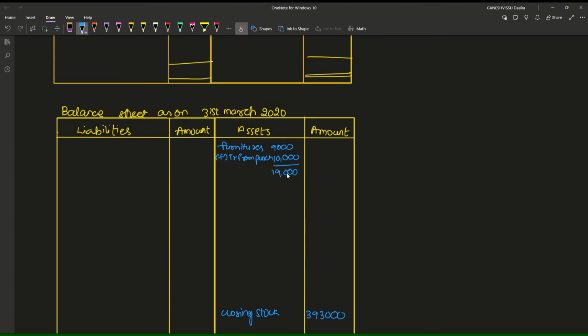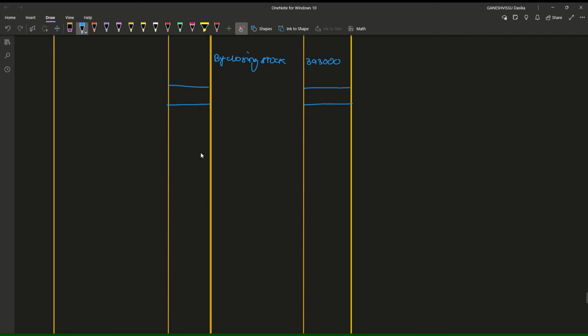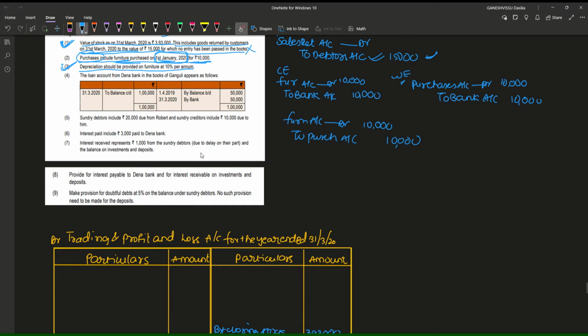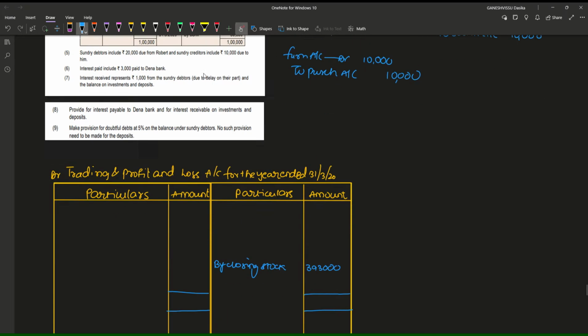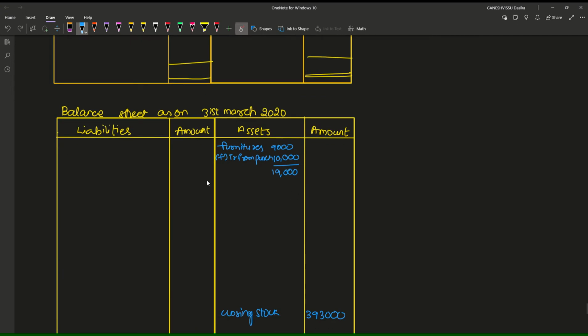Now we shall use the calculator to see what the depreciation value will be for 9,000 rupees. The rate of depreciation provided is 10% per annum, right? So we need to deduct depreciation. In brackets, I am writing 900 rupees for the 9,000 asset. 9,000 into 10% is 900, right?